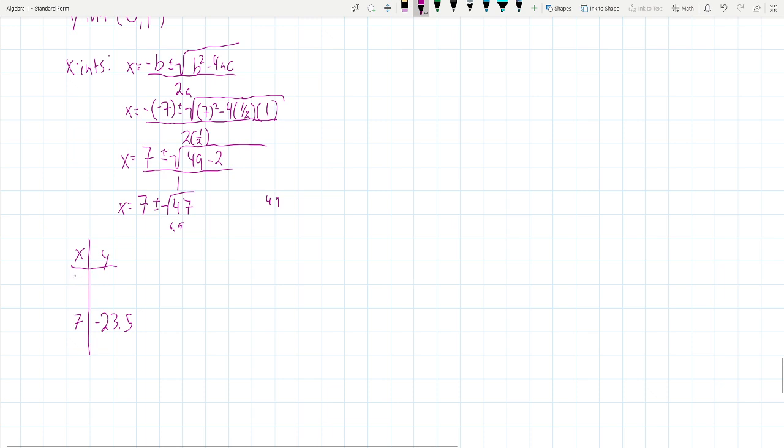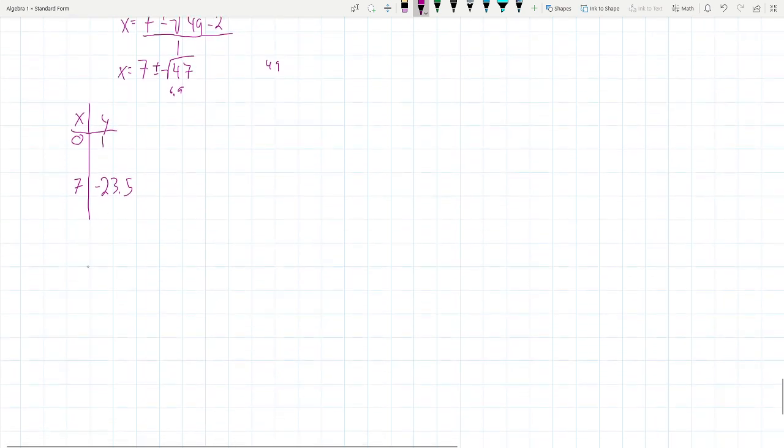And that gave us 1. So I might just do like 6 right here. And then I'll probably do 8 here to go 1 in this direction. And then 0 is 7 away from 7, so I could do 14 down here.